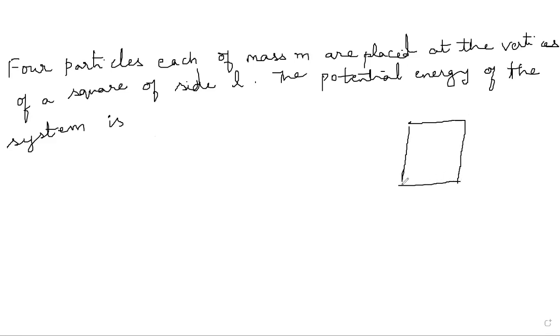The four particles, each having the mass m, are placed at the vertices of a square, and they are telling that the length of the side will be L. The potential energy of the system is.